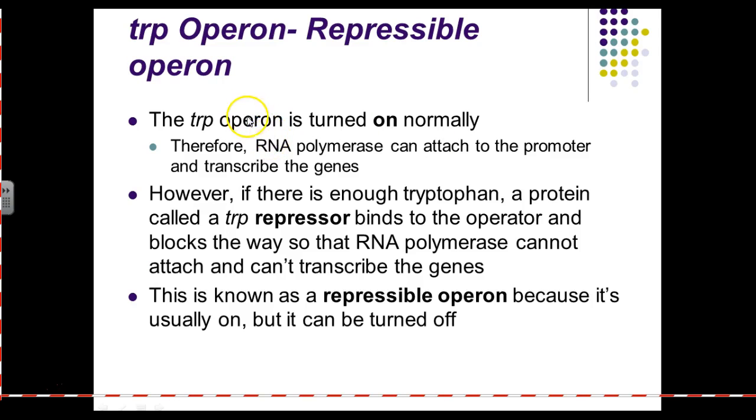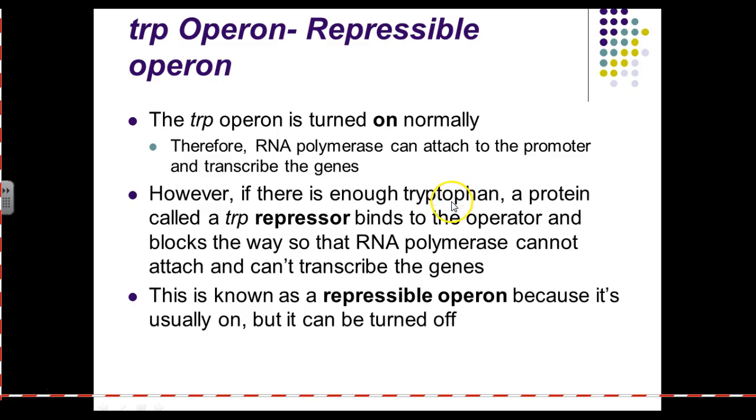Okay. So again, we call this whole tryptophan operon model a repressible model because it's normally on. Normally that RNA polymerase can attach and can transcribe those 5 genes.